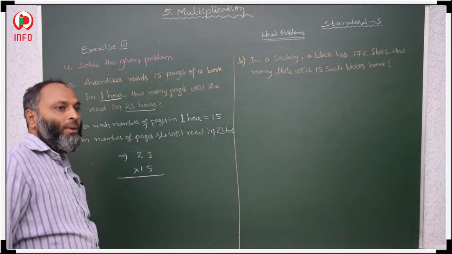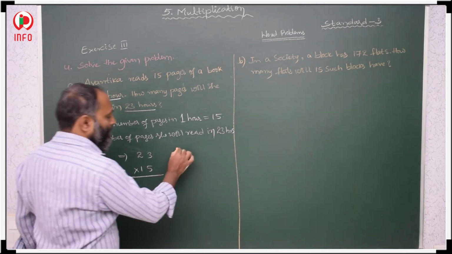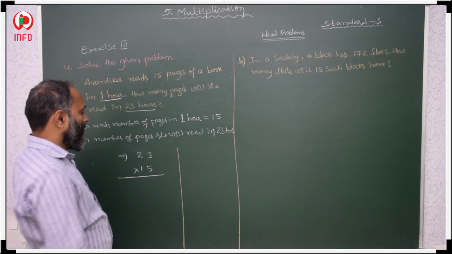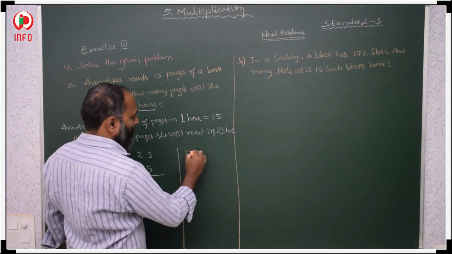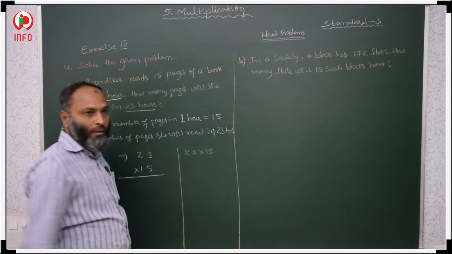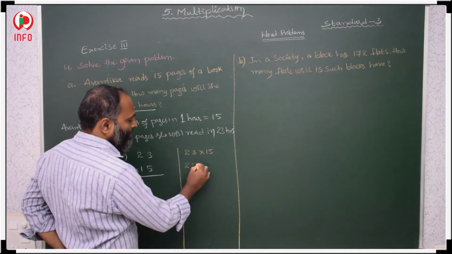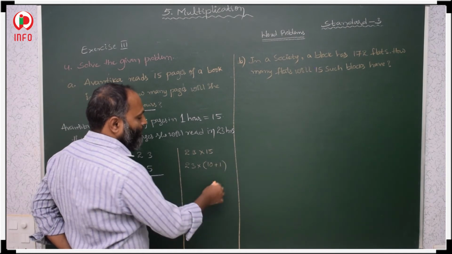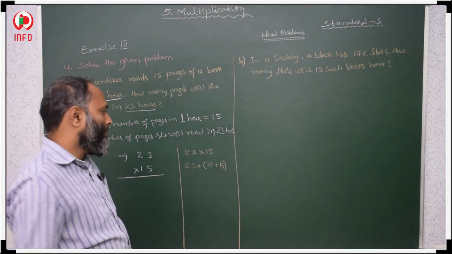Then how to multiply 23 with 15? See here. 15 means 10 plus 5.